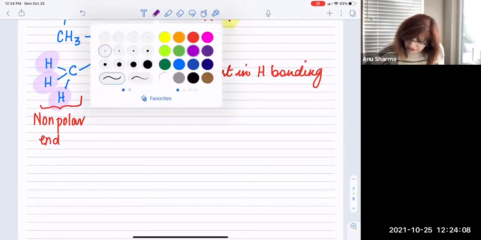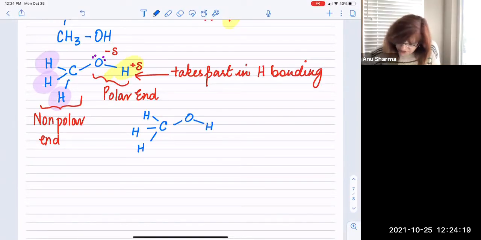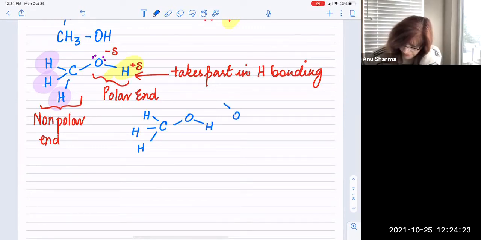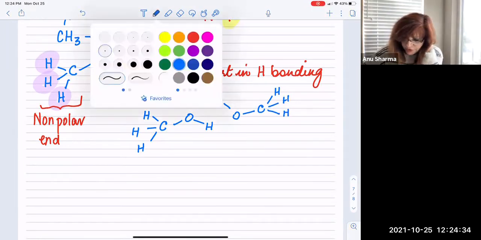Look at this. Here is your hydrogen, carbon, hydrogen, and hydrogen, and here is this oxygen and hydrogen. And here is the other one: oxygen, hydrogen, carbon, hydrogen, hydrogen, and hydrogen. So what is happening here? I'm just showing two molecules.